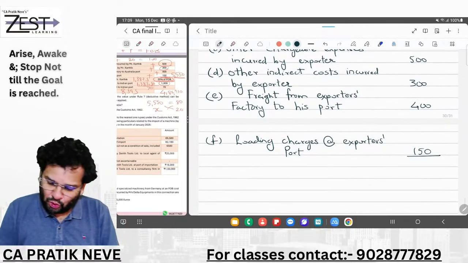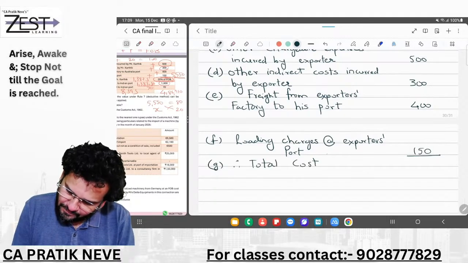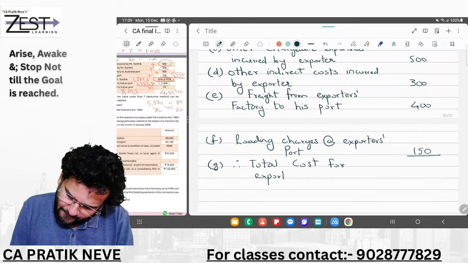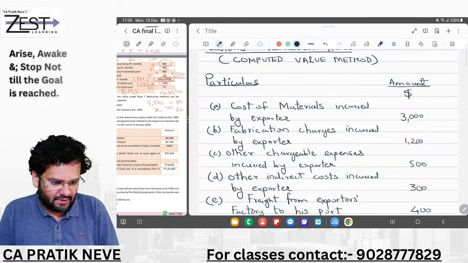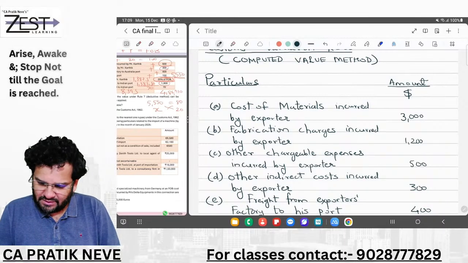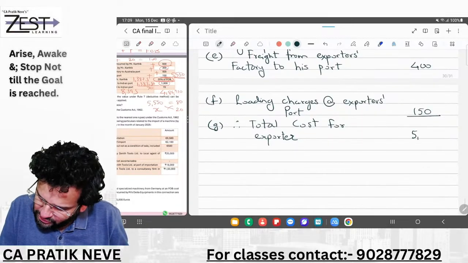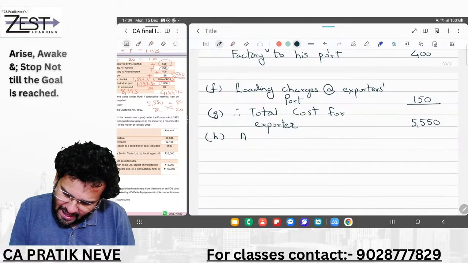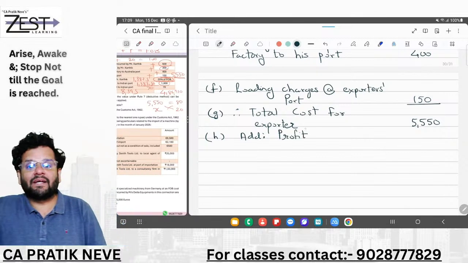Now friends, take the total. That will be called, therefore, total cost for exporter. So total cost for exporter is 3000 plus 1200 plus 500 plus 300 plus 400 plus 150, so basically 5550. Now you add profit, then only you can get FOB.